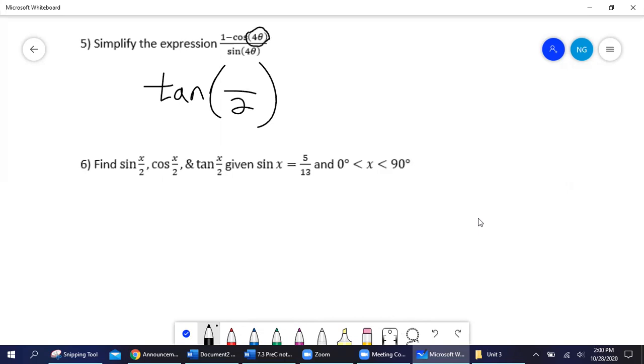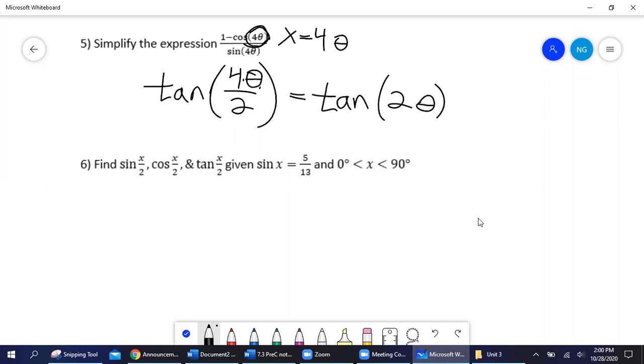The x angle is 4 theta on this. So that's what goes over 2. And so then I can say, oh, that's tangent of 2 theta. So that was one of those just crunching it down, trying to recognize the expanded out version.